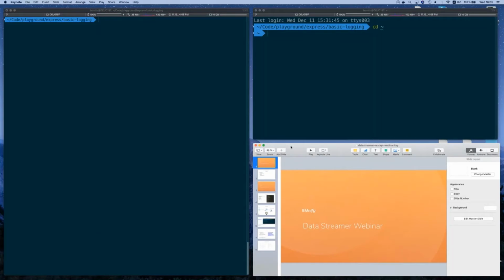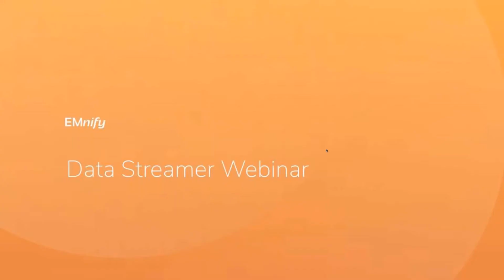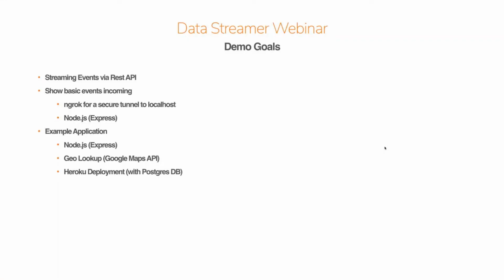So I also have a couple of slides just to illustrate what we'll be looking at from the technical side. So we're using the data streamer as a REST API integration. First, what we'll do just to show how that works is we'll use a tool called ngrok, which I really like using for debugging.